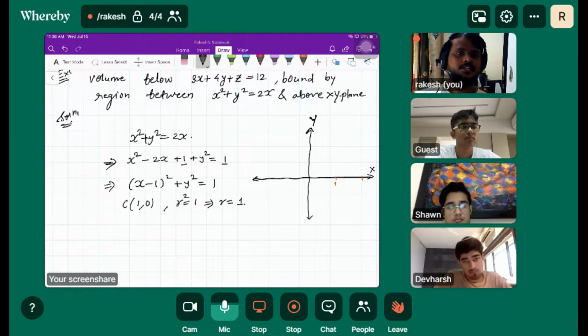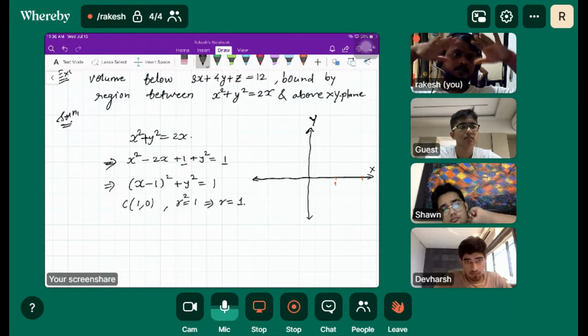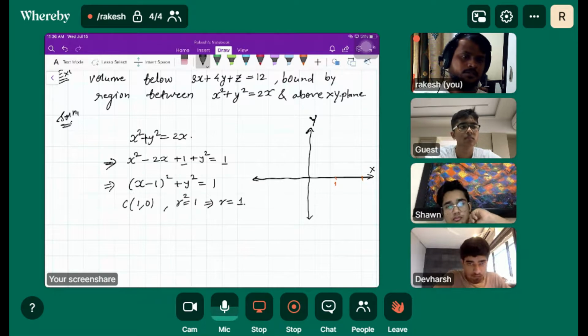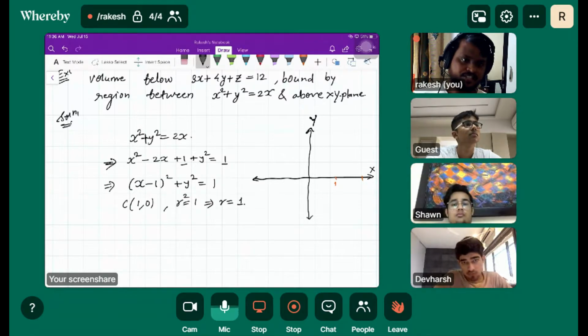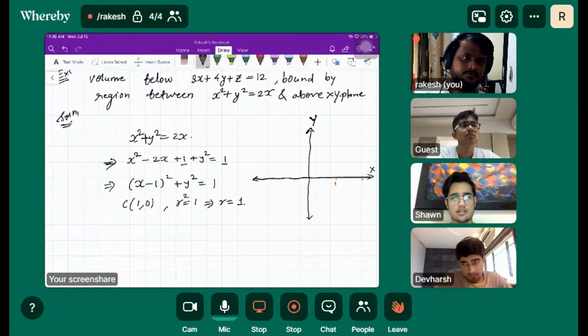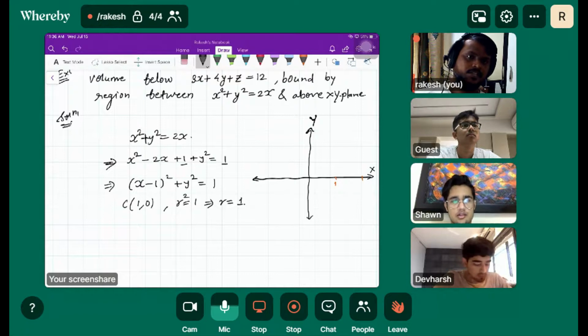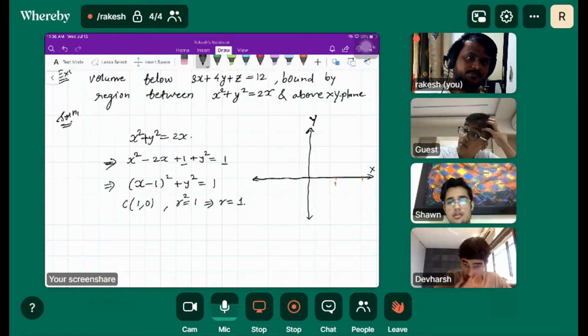But is it above, in the positive z direction, or below the xy plane, in the negative z direction? It's below. It's minus 12, when you take it to the other side.